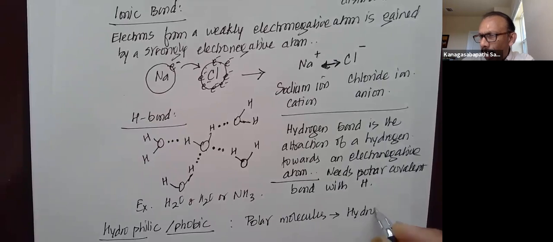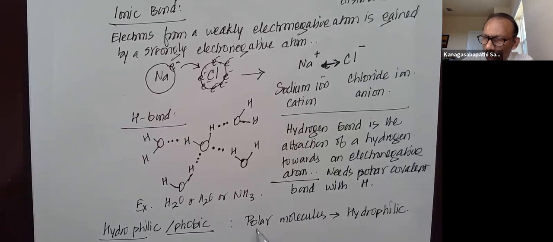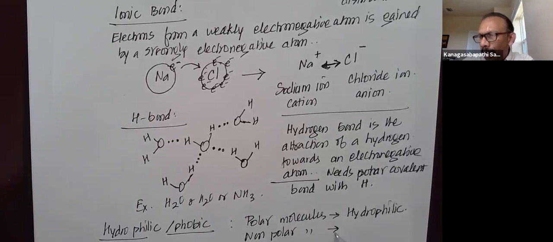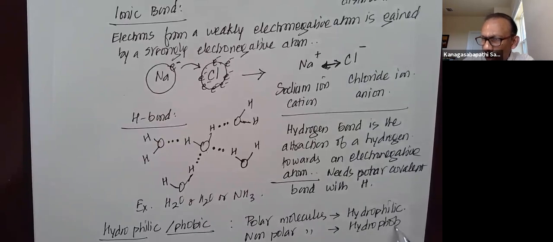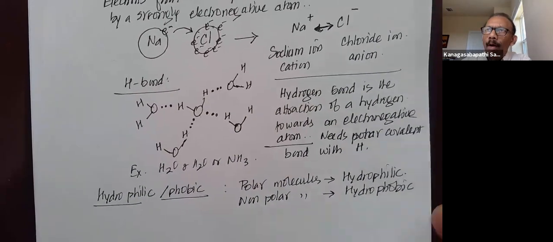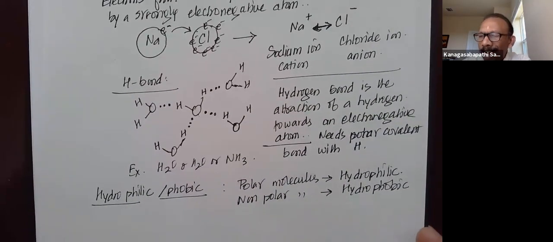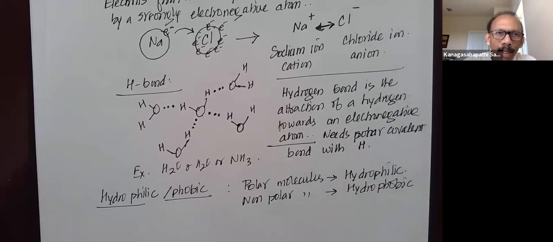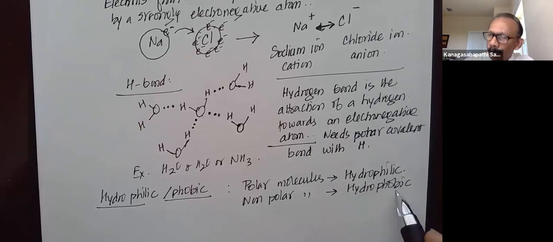They attract water molecules because water is polar, and non-polar molecules like O2 and CO2 tend to be hydrophobic. So they can make a bond with water or no bond with water. That's all it is. Even though we call them water loving and water hating, which is not appropriate, they don't love or hate anybody or anything. They make bonds or don't make bonds. That's what hydrophilic and hydrophobic is.